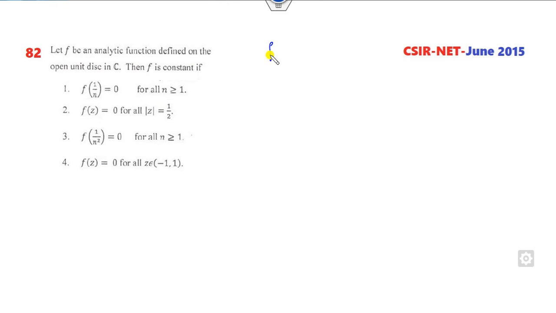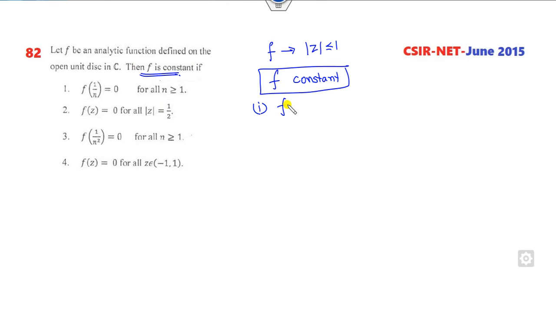F is an analytic function on the unit disk. F is constant, fine. Whenever there is a statement about a constant, you have to think about two things. Firstly, you have to prove F is entire, and then prove F is bounded.